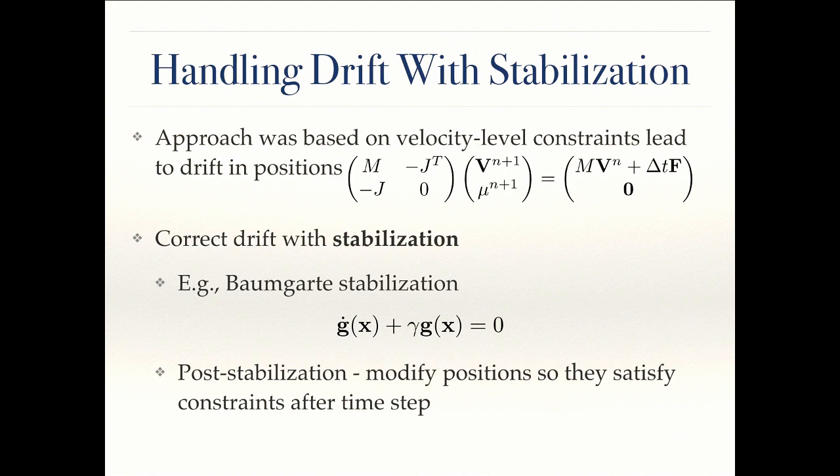And if there's any actual drift, this will be non-zero, and if we're enforcing this, it'll act to restore that. This is called Baumgarte stabilization. Other things that are common to do are what's called post-stabilization, where you do another correction step to correct any errors that are in your position at the end, using similar techniques as you did for your velocity, but now correcting your positions to get rid of that drift.